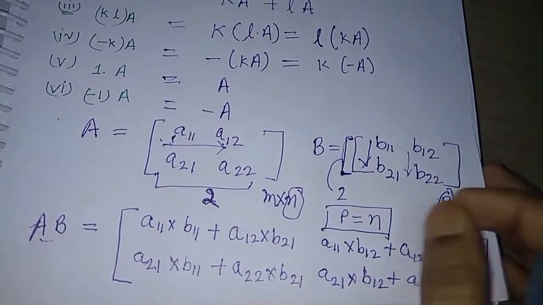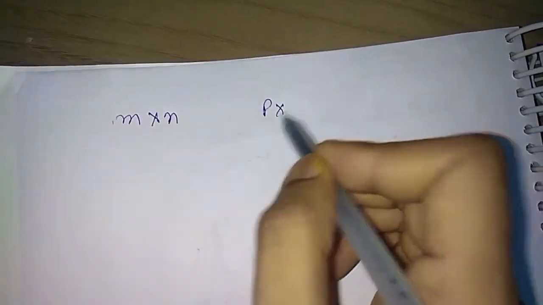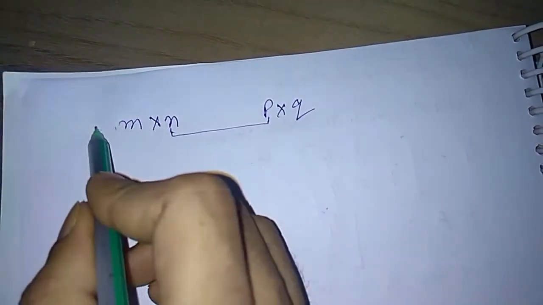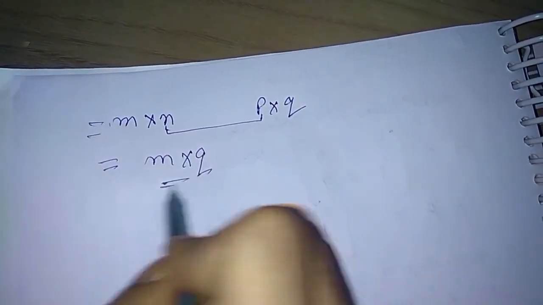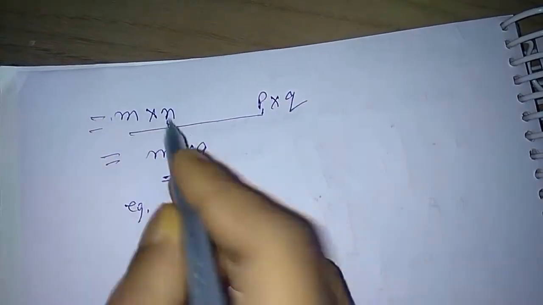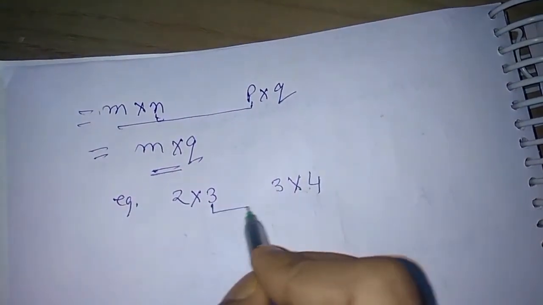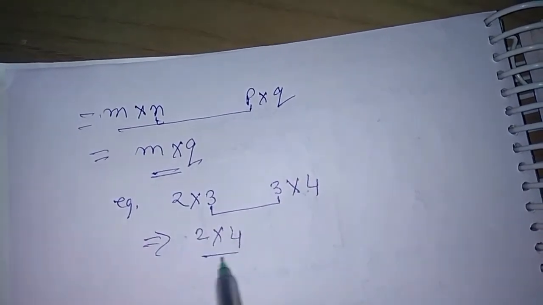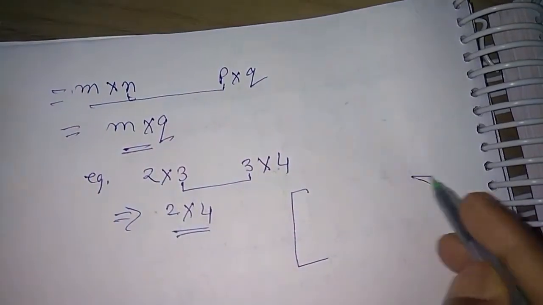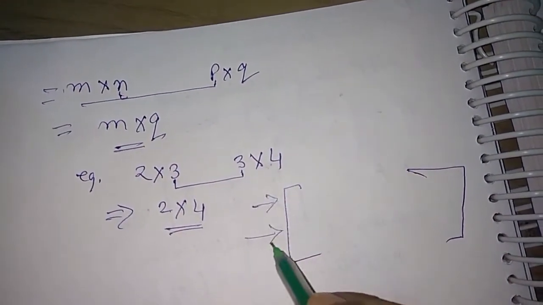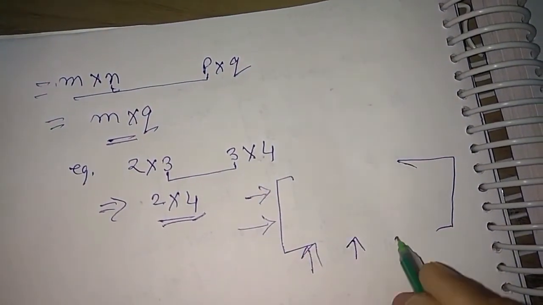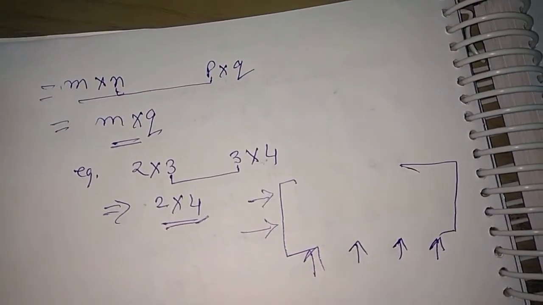So if the first pre-multiplier matrix is m by n and the post-multiplier matrix is p by q, with n and p the same, the resultant matrix has the order m by q. For example, if the first matrix is of order 2 by 3 and the second is of order 3 by 4, the resultant matrix will have the order 2 by 4. That represents 2 rows and 4 columns.